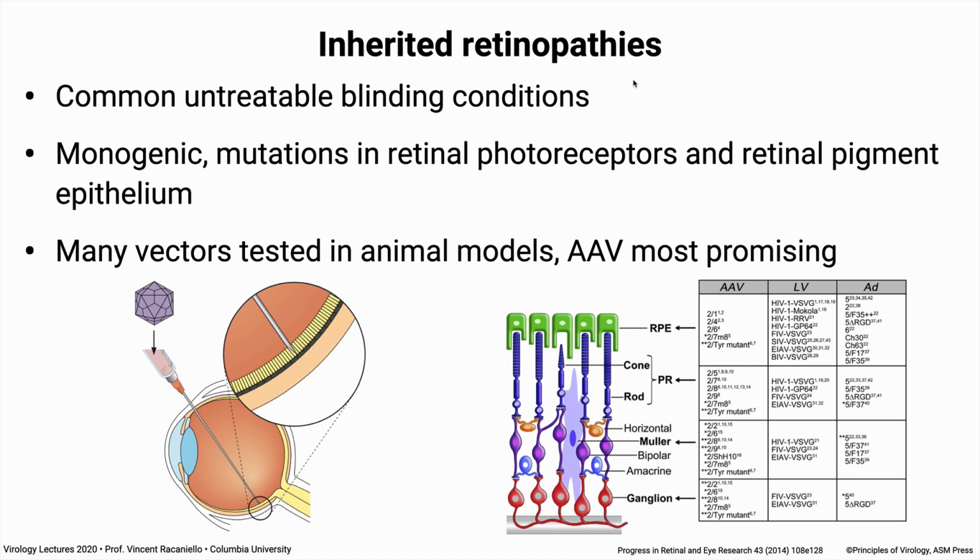And these are inherited retinopathies, which are very common, untreatable blinding conditions. And these are monogenic. The patients have mutations in genes in the retinal photoreceptors and the retinal pigment epithelium. So here on the bottom is a diagram of the retina.